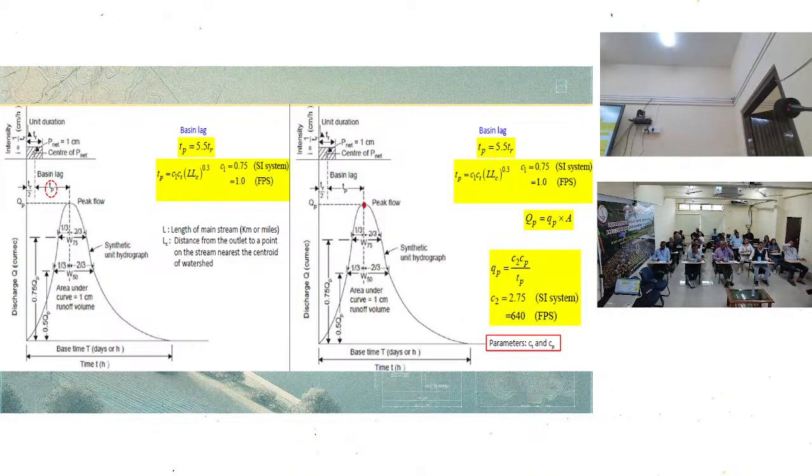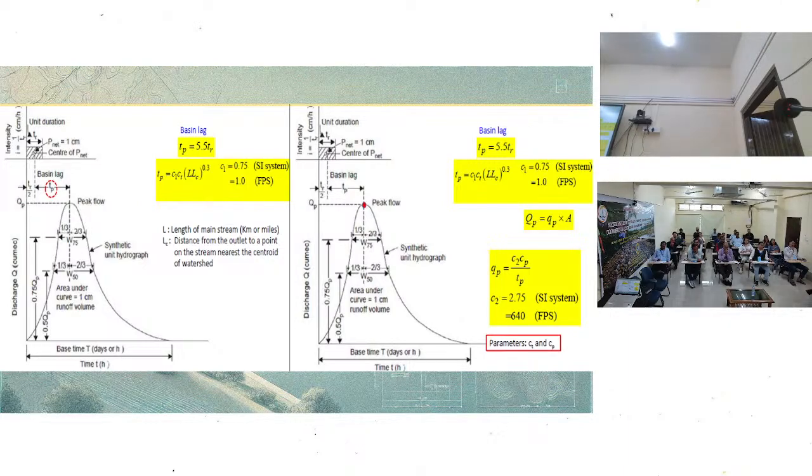So Tp is the peak flow, Tr by 2 is the unit duration, half of it, this is the lag time, this is the total base time. W75 is the width of the hydrograph at 75% height. W50 is the width of the hydrograph at 50% height.